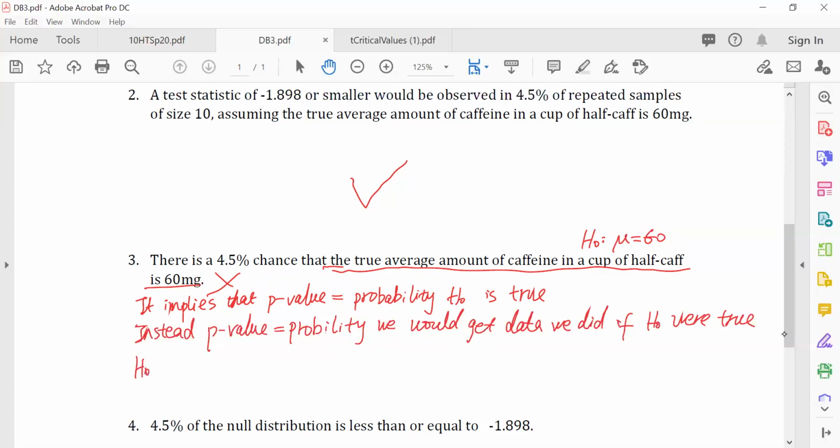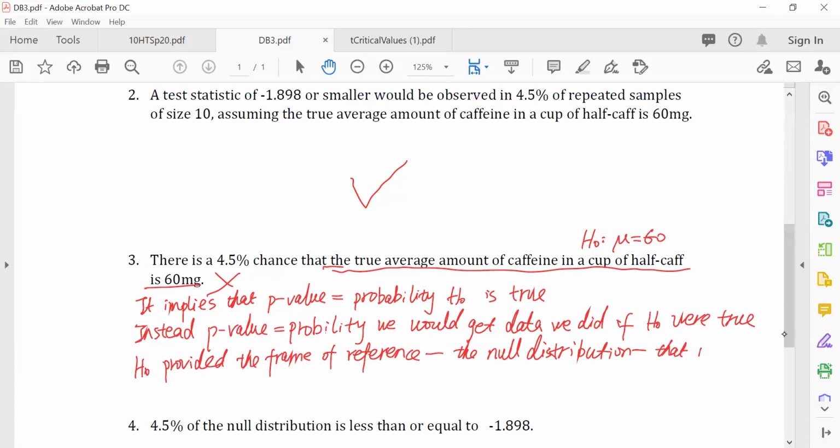H null here is just providing the frame of reference, the null distribution that we evaluate the sample data against.